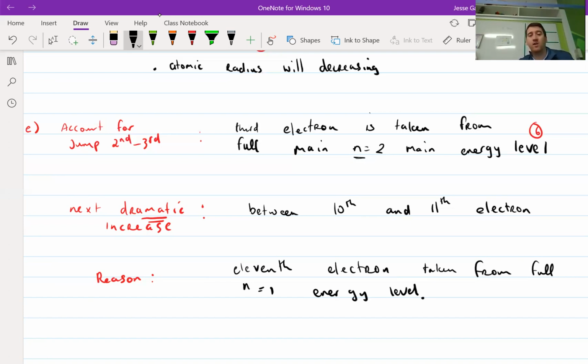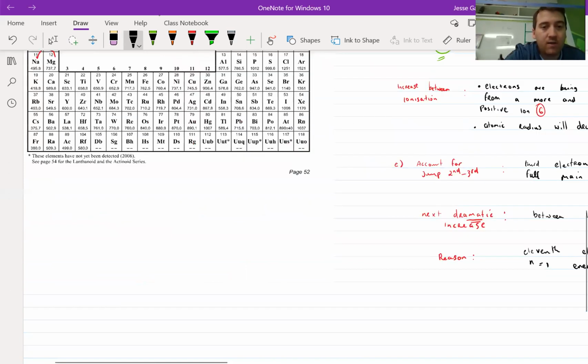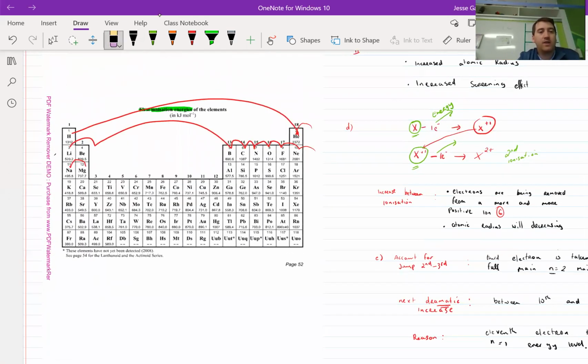Okay, now there's another way you could have done this as well. Some people would have looked for full sublevels or half full sublevels. Those could have been okay as well. I just don't think that the increase would have been dramatic. So just looking at where else you might have got the marks, if we go back up here for a second, we take a look at magnesium.